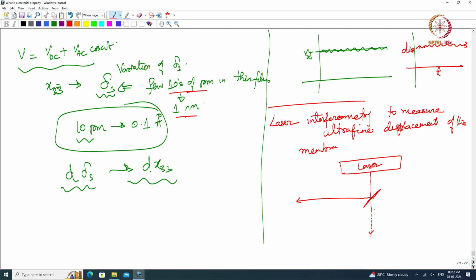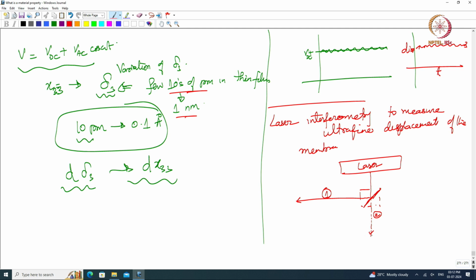But it will not reflect light that is coming from the opposite direction. So, I have a laser source like this, and I have split the laser beam into two different beams. This is the first beam, this is the second beam.